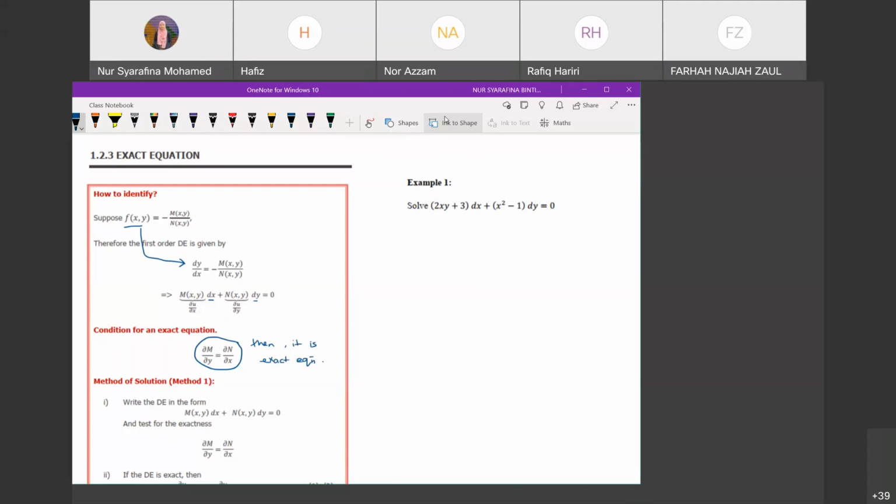Where does this come from? If we have a differential in terms of a fraction there, just like this.